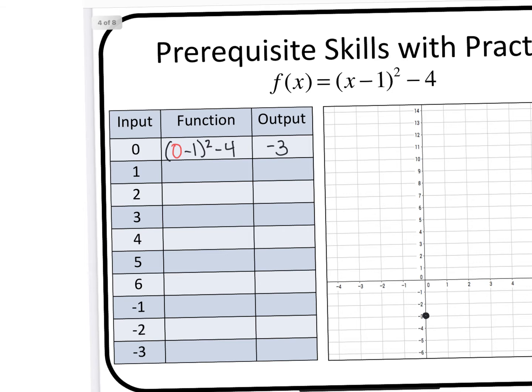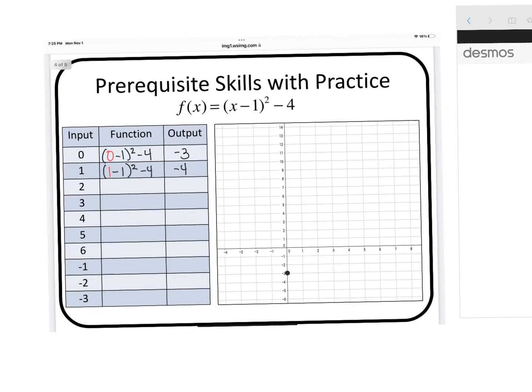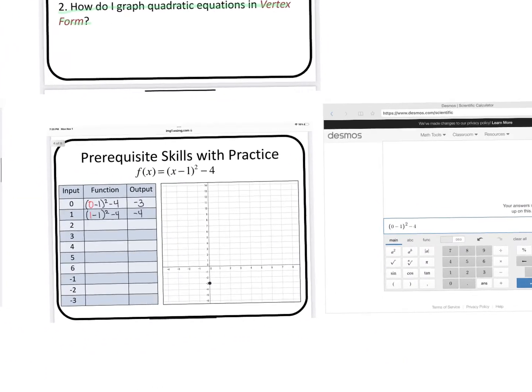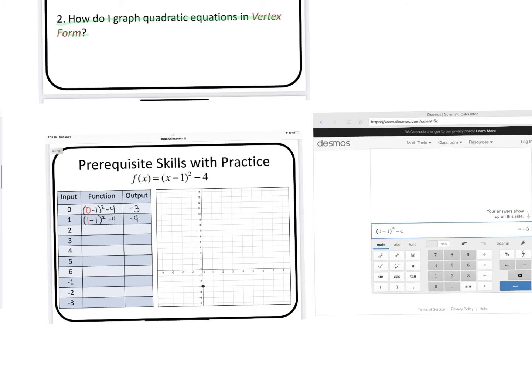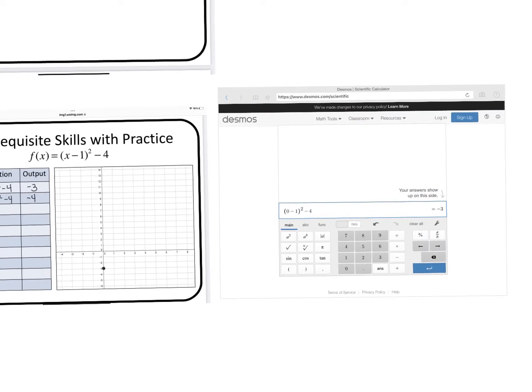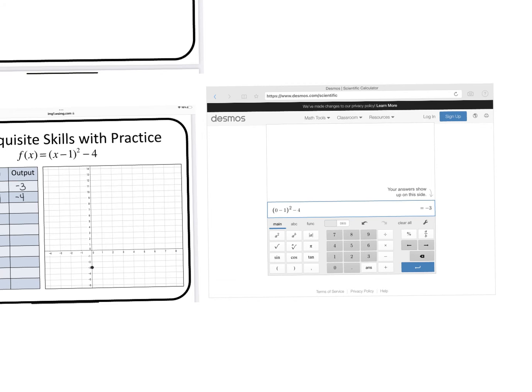Next thing that we're going to do is plug in 1. And that means I have 1 minus 1 squared minus 4. And I got that negative 4 there. Okay. And I'm going to show you why that is a negative 4. Remember that we go over to our scientific calculator here, and we're just changing the value of this x that is right here, and we're plugging in all those values.